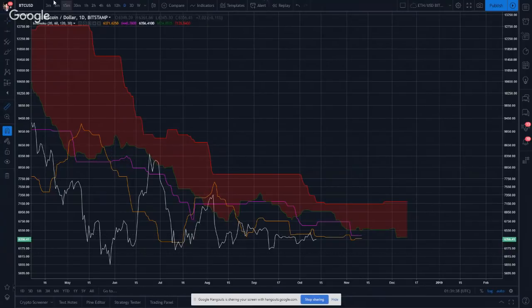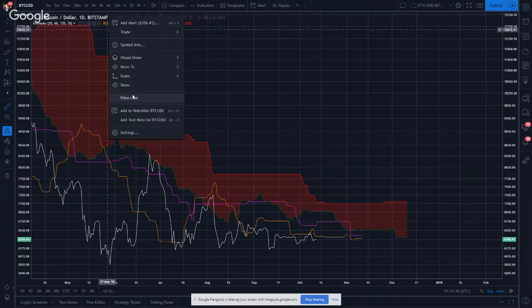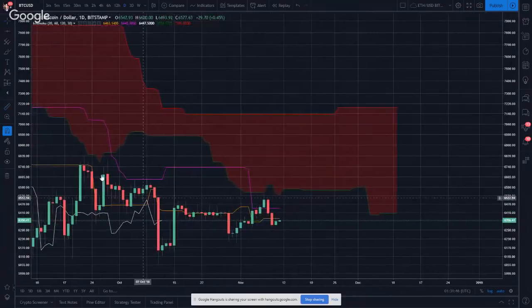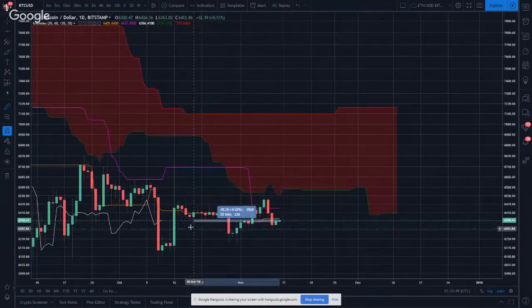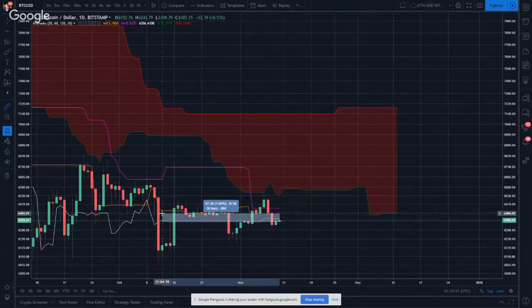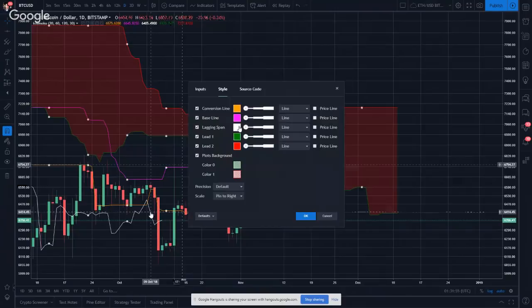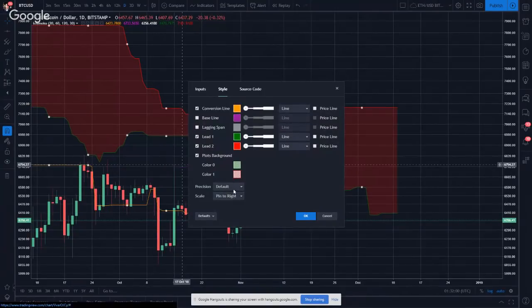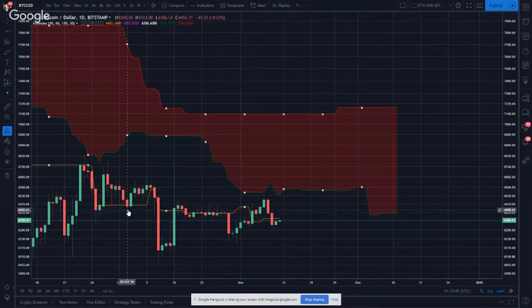But if we take our little measurement tool here, turn the price back on, and we go back 30 periods, you can see that 30 bars back is this line right here, which is the lagging span. We're going to turn off the baseline real fast.